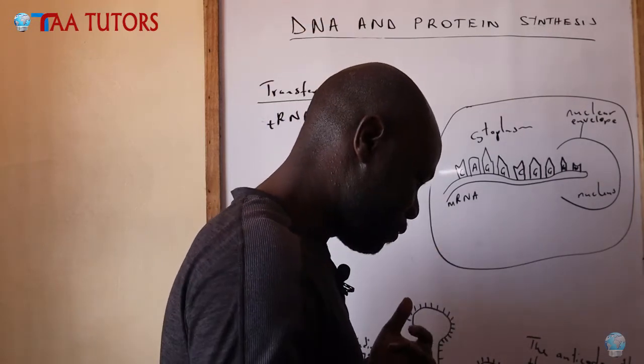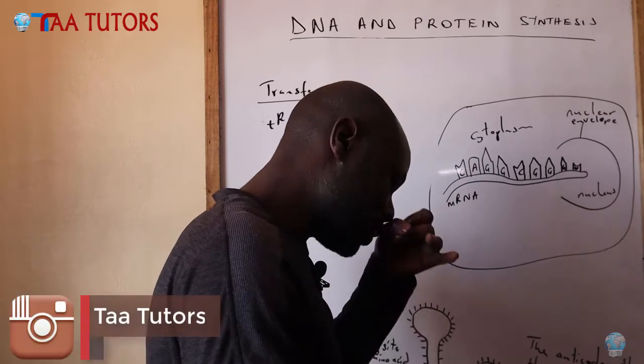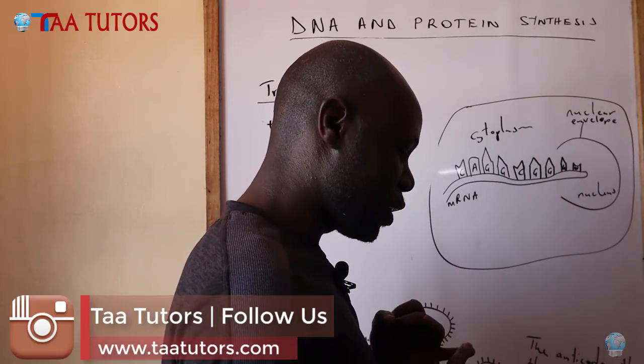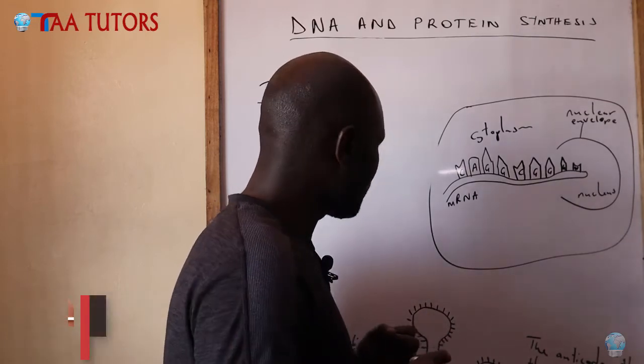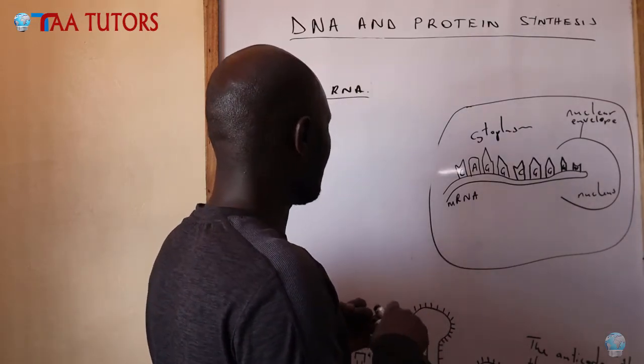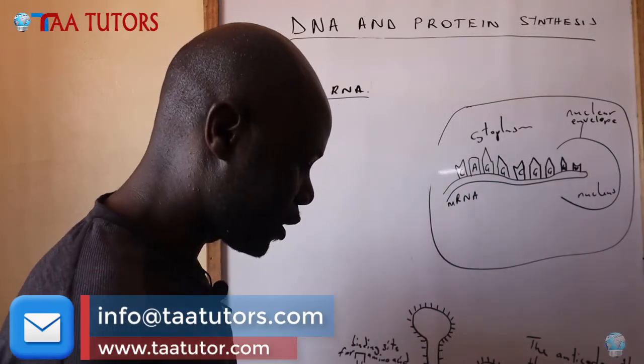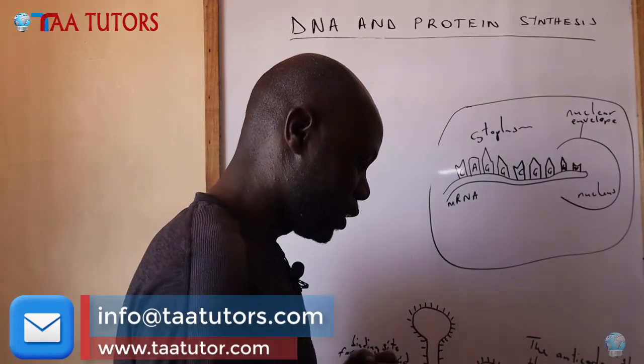This particular amino acid is the one that is going to help us come up with the specific protein that we need. So we have to collect them, and that was the first thing that the transfer RNA was doing, collecting these amino acids.